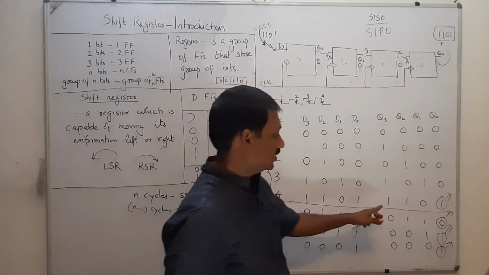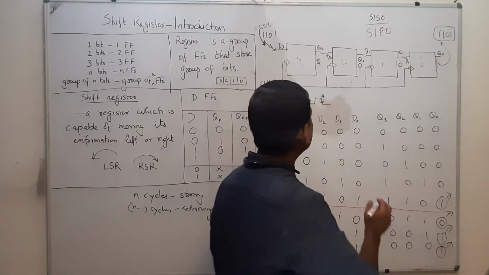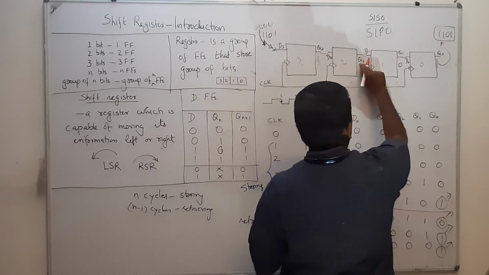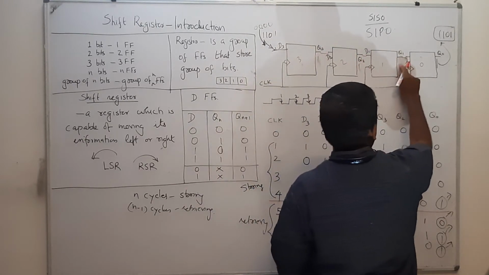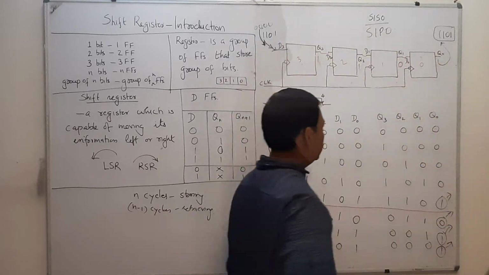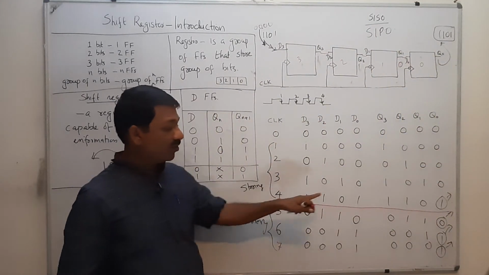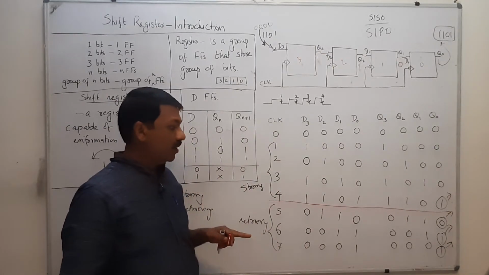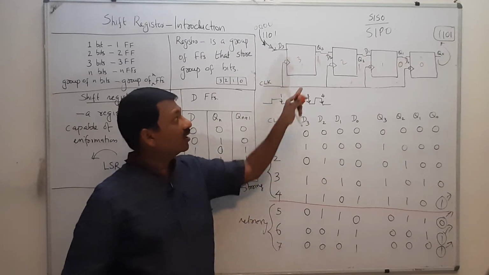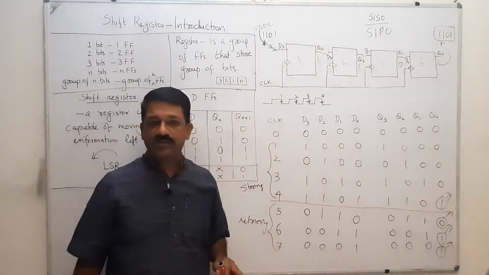what is the information? 1, 1, 0, 1 is there in this as output. That means after 4 clock pulses, you have 1, 1, 0, 1 in these 4 flip flops.